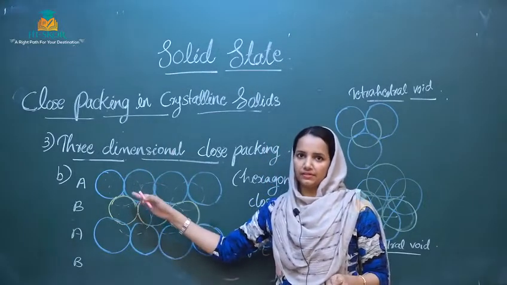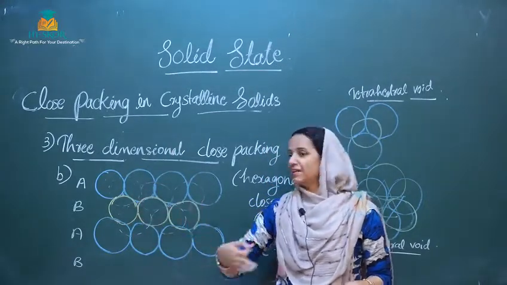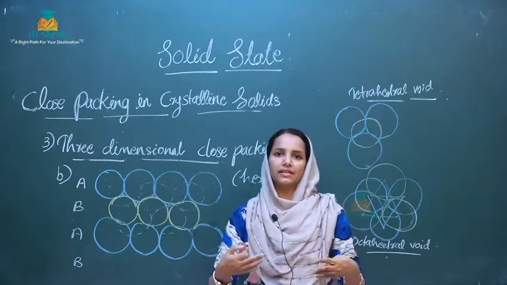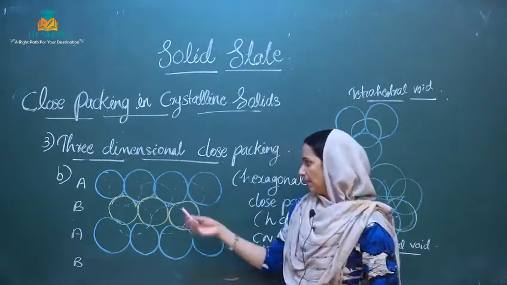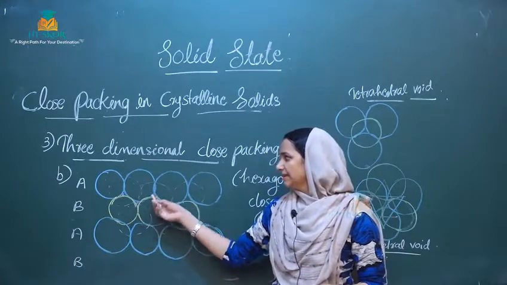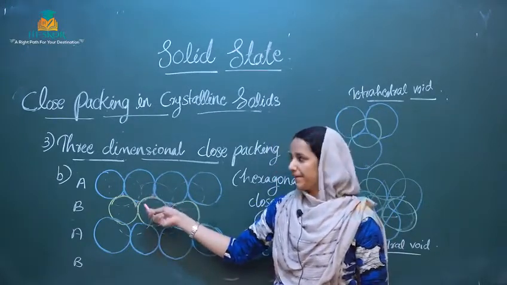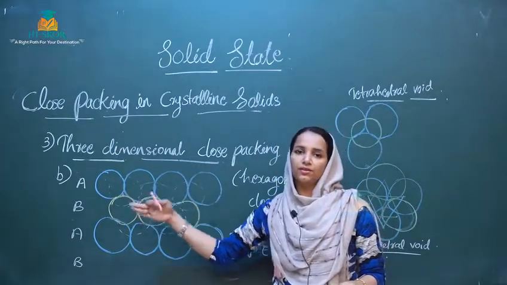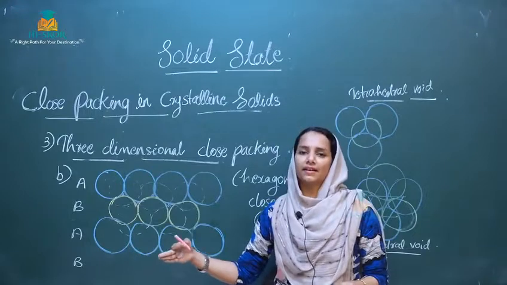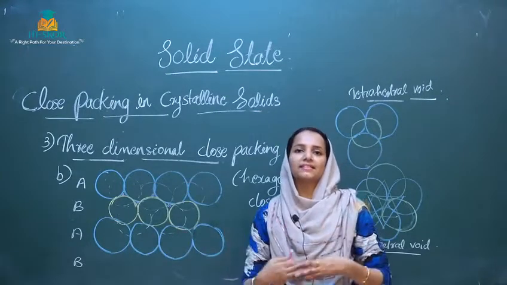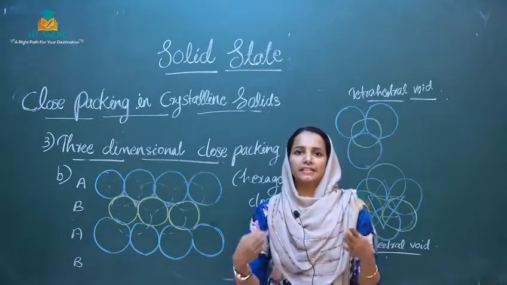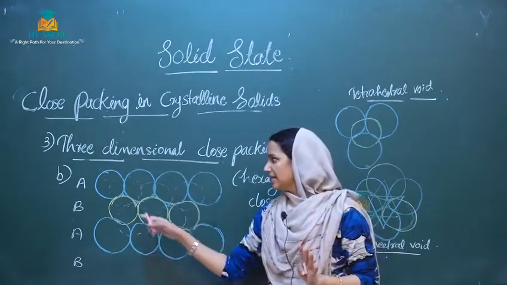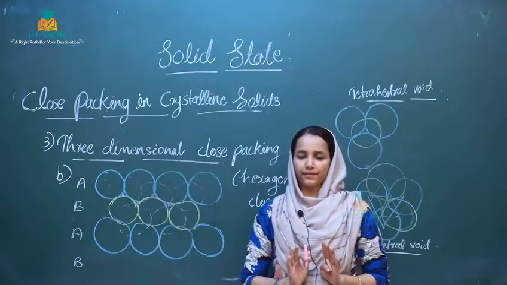While filling the third layer we have 2 possibilities, C or D. While filling the C type void, what will happen? The first layer will repeat. In the third layer also, the repetition of the first layer will come. When you imagine the structure, you can see that the repetition of the first layer comes when you fill the C type void, isn't it?